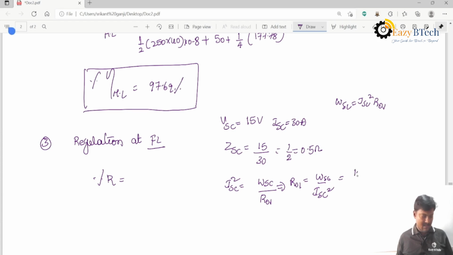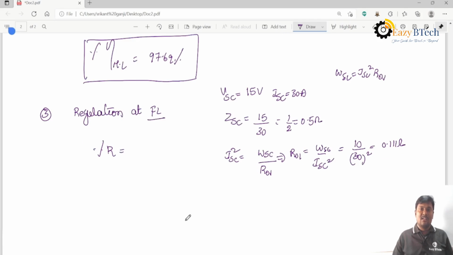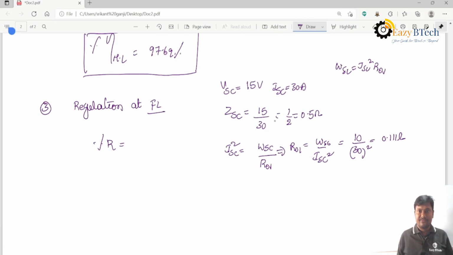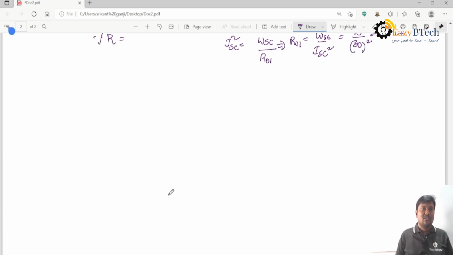It is 100 divided by 30 whole square, 0.111 ohms. R01 is calculated, and Z01 is also calculated. From this we can calculate X01 equal to the square root of Z01 square minus R01 square. So finally I got 0.4875 ohms.